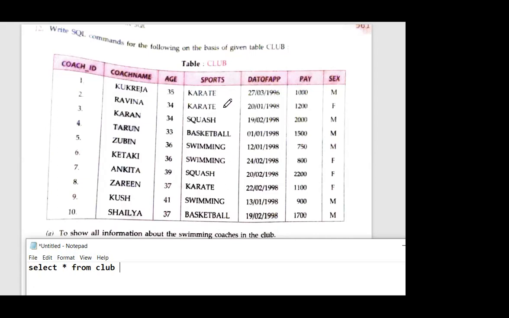So whomsoever sports is equal to swimming, their complete information you have to display. So select asterisk for displaying all the columns from club, and then where sports is equal to swimming, and then in the last semicolon. This is the first answer.